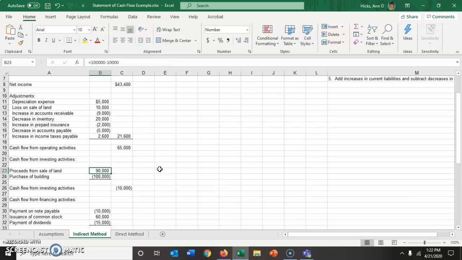The proceeds from selling the land is a cash inflow. Those are our only two long-term assets, so that's it for cash flow from investing activities, and you'll see we have a net outflow, a negative of $10,000. The purchase of the building minus the proceeds from the sale of land.